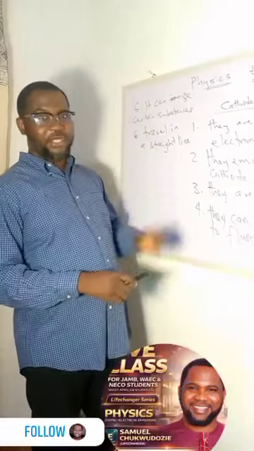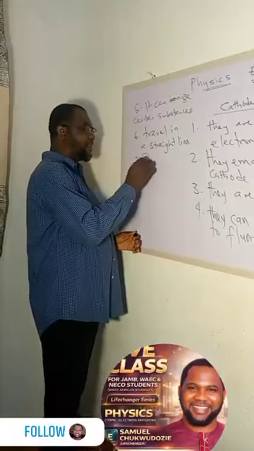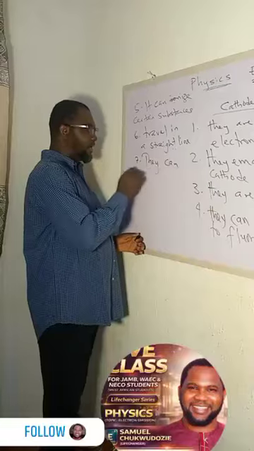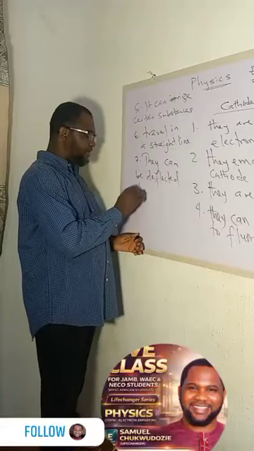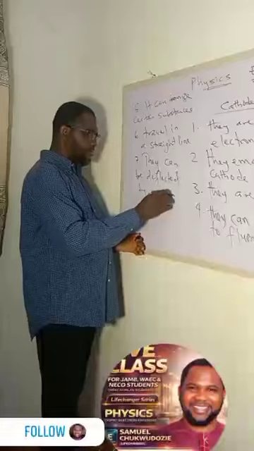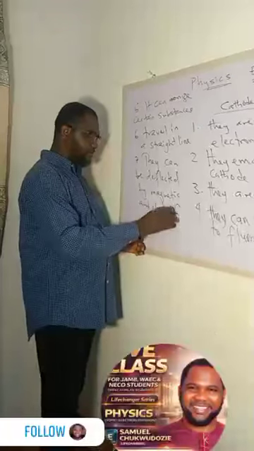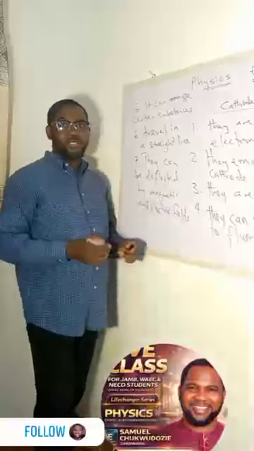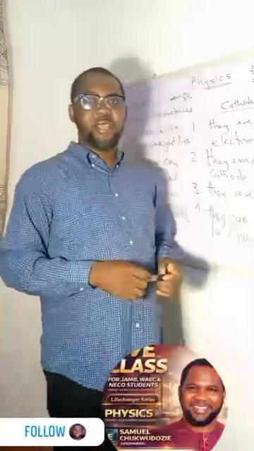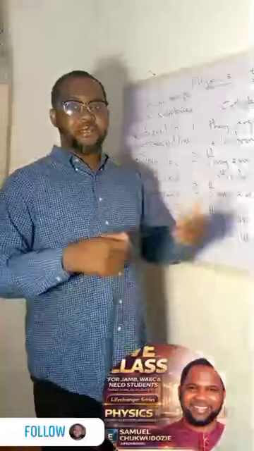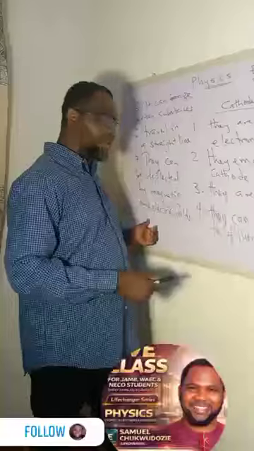That's an important property. But even though they travel in a straight line, they can be deflected by magnetic and electric fields. So cathode rays can be deflected by electric field and magnetic field.